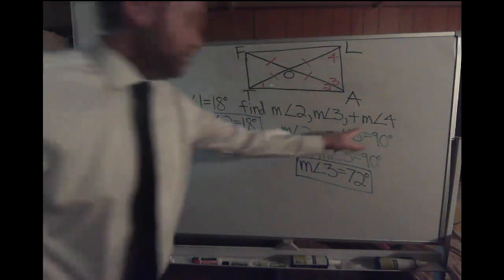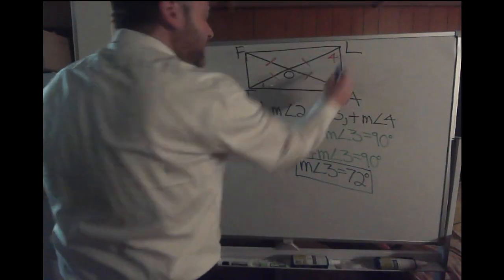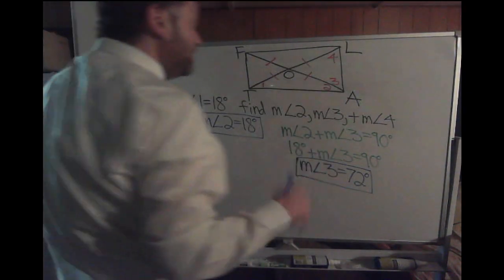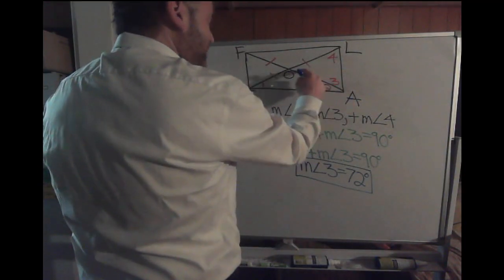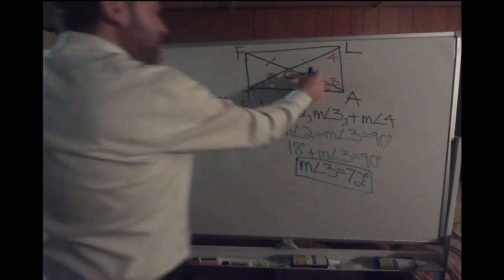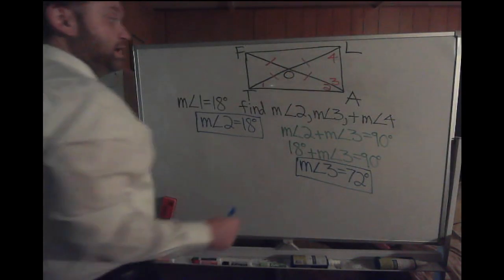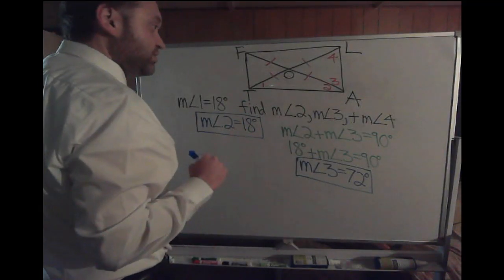which just leaves angle 4. Well, let's look at triangle AOL. Hey, AOL, America Online. They're gone now, but little humor. But triangle AOL, we notice again we have an isosceles triangle. And we know about isosceles triangles, the angles opposite those sides are congruent.